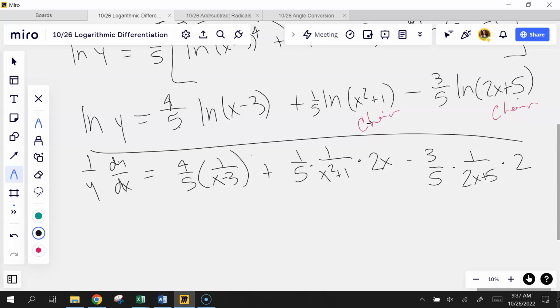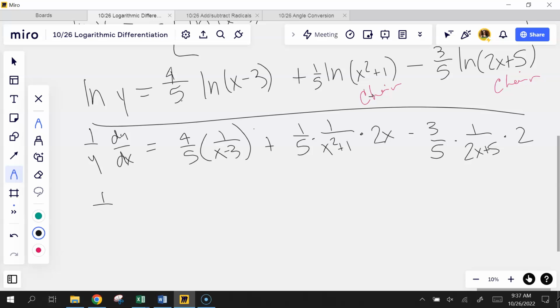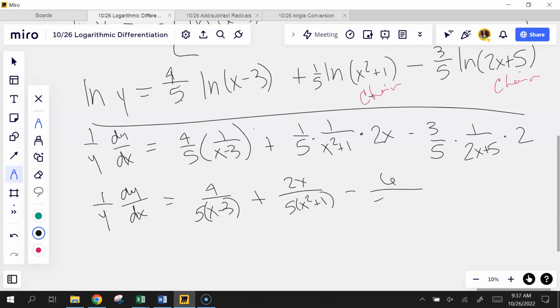And chain. 4 over 5 times x minus 3 plus 2x over 5 times x squared plus 1 minus 6 over 5 times 2x plus 5.